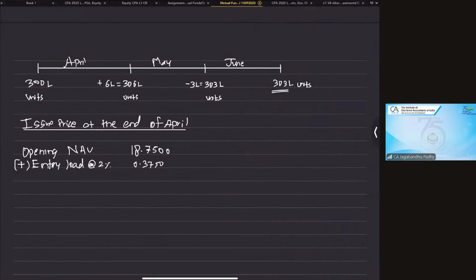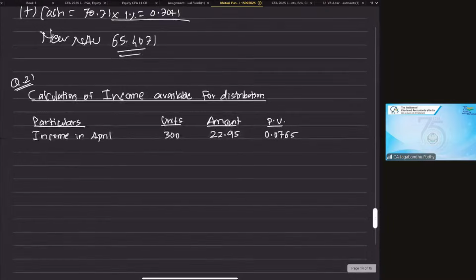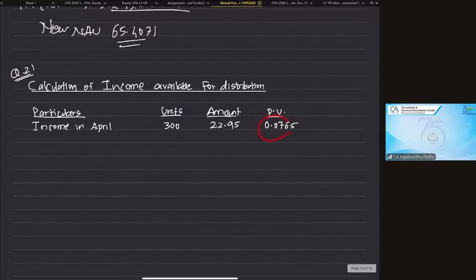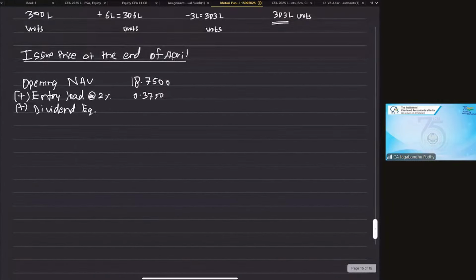But apart from that, I'm also going to charge the accrued dividend portion, which we call dividend equalization. So dividend equalization is how much, guys? We got this over here, 0.0765. Okay, so totaling this, what's the issue price?